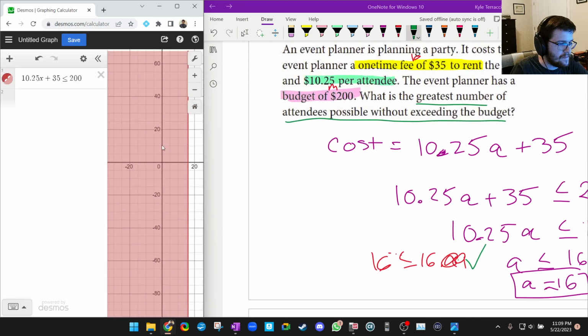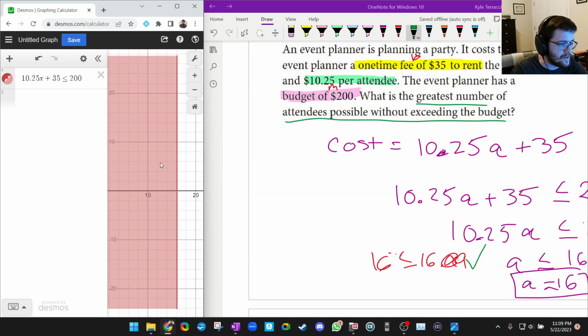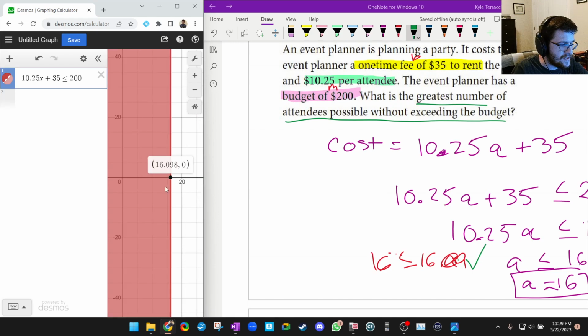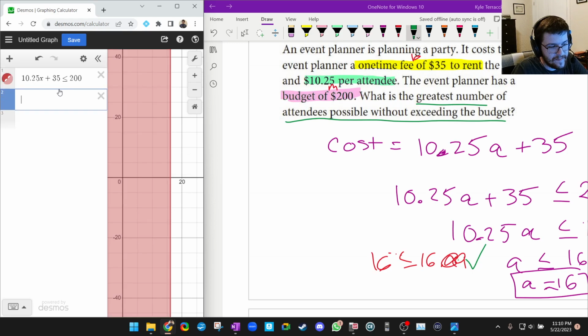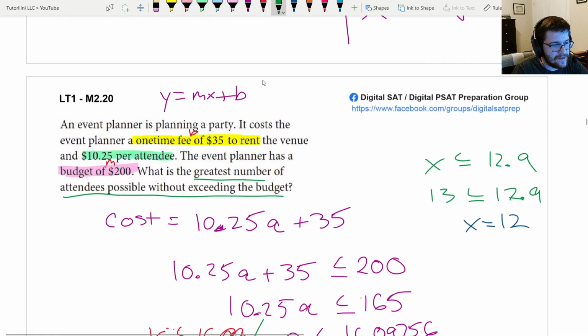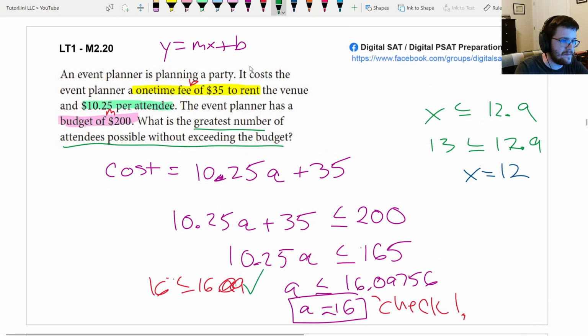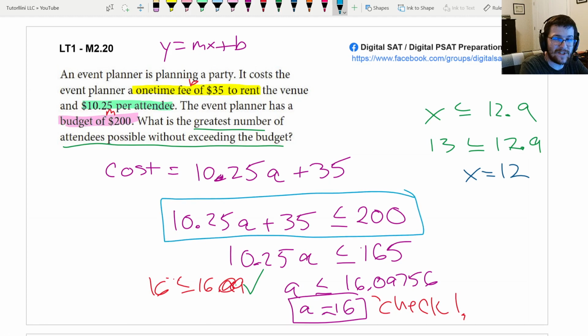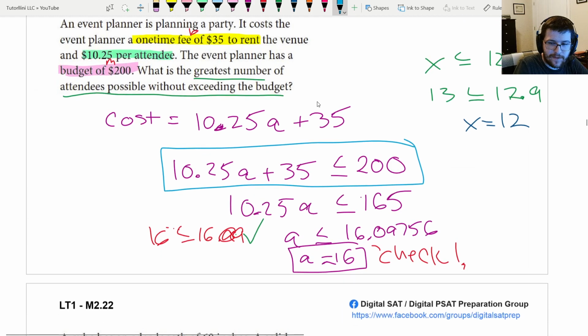I typed in the inequality, and I see 16.08, so it's got to be to the left of 16.08, so 16. The typing in is helpful, but it only helps so much, because you still needed to come up with this inequality using the paragraph, which is the hard part. All right, enough time on that one. Let's keep going.